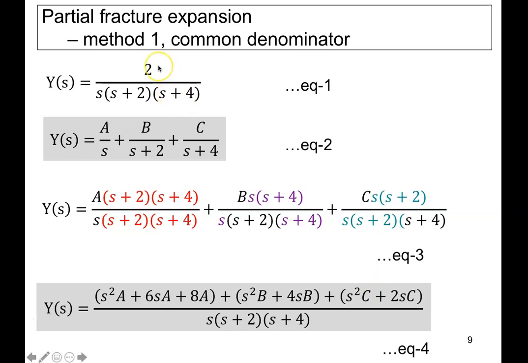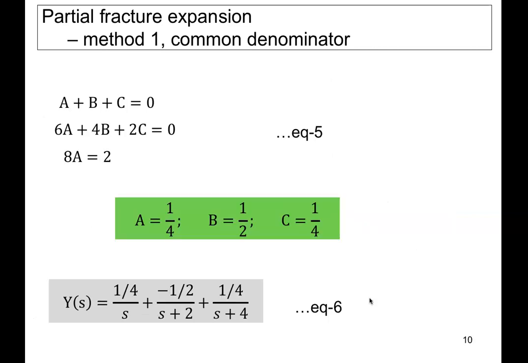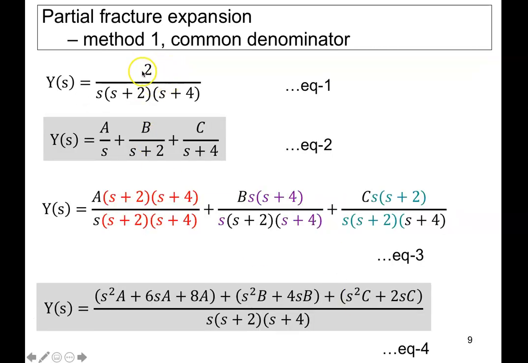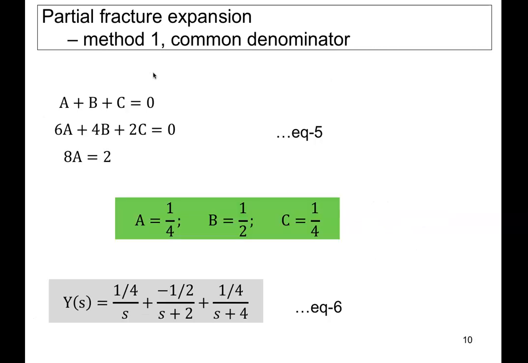And also in equation 1, I don't have a term of s squared. So all the coefficients of s squared, a plus b plus c, should also equal 0. Okay, that will give me 3 conditions. I'll compare the constant, I'll compare the coefficient of s, I'll compare the coefficient of s squared. 3 comparisons will give me this set of simultaneous equations.